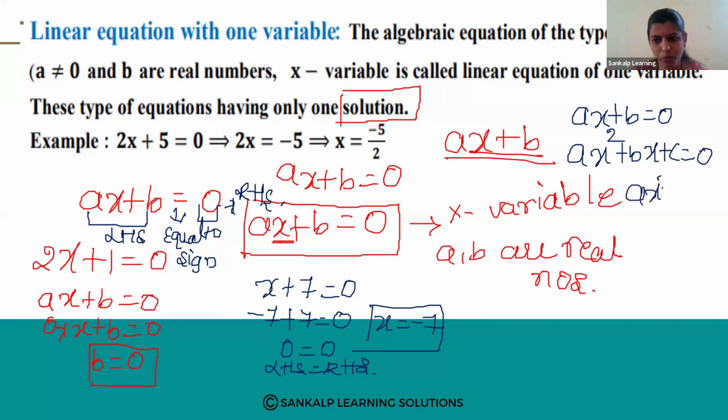Next, ax cube plus bx square plus cx plus d equal to 0, then it is a cubic equation. Right? So it is linear, it is quadratic, and if the highest power of the variable is 3, then it is called a cubic equation. Okay. Now, these all are the standard forms of linear equation, quadratic equation, and cubic equation.